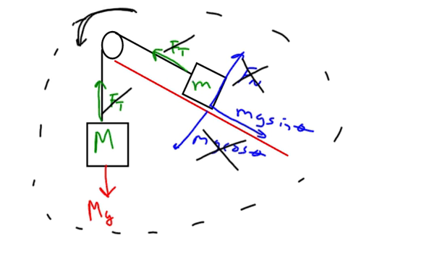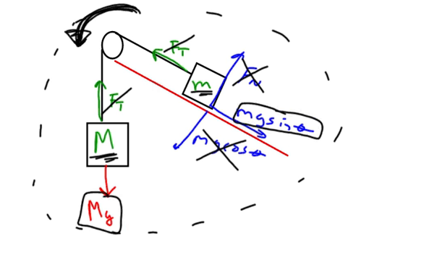So this mass is big enough to pull that mass up the plane, and so this mass is falling downwards. Well then, the net force, the only forces left, are these two, working in opposite directions.